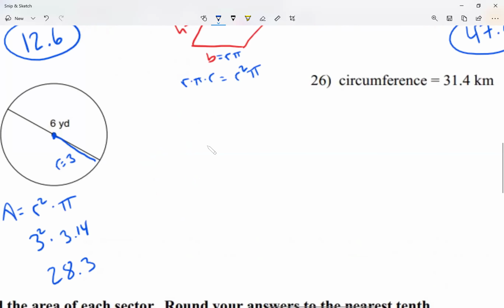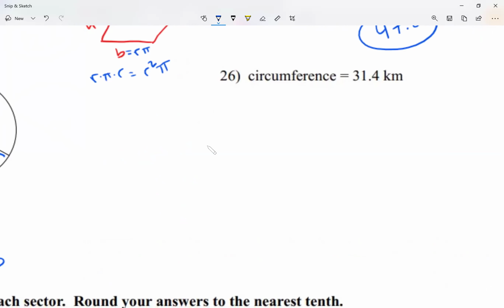Now, number 26, I don't see a figure. It says the circumference is 31.4. But don't I know that the circumference is 2 times radius times pi? And this is equal to 31.4.